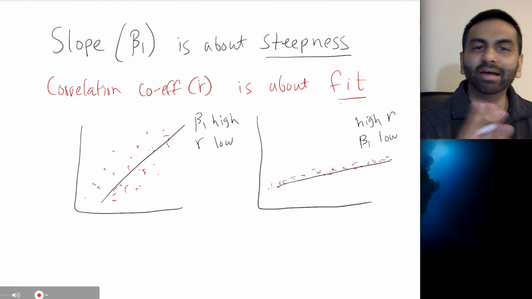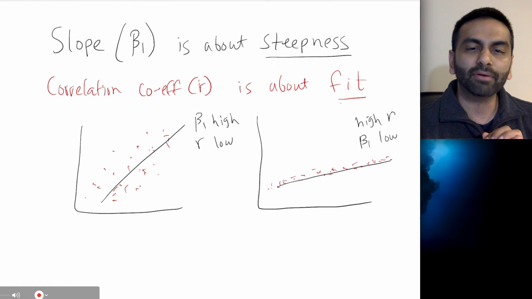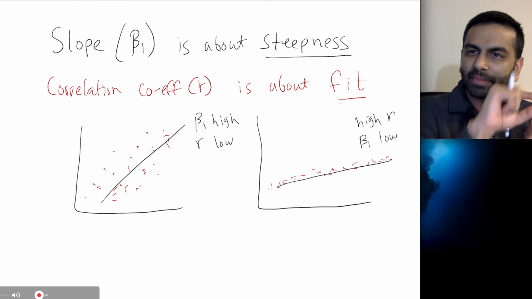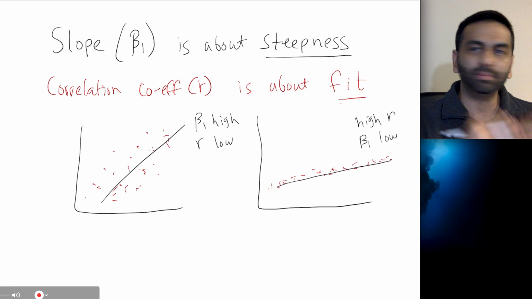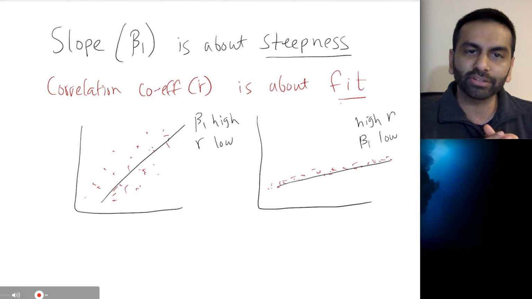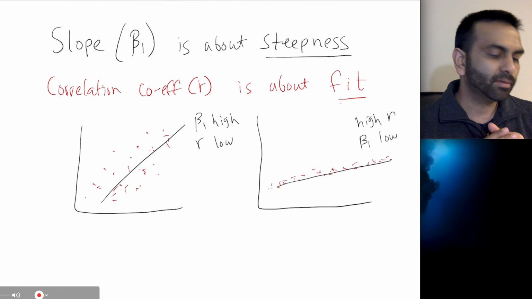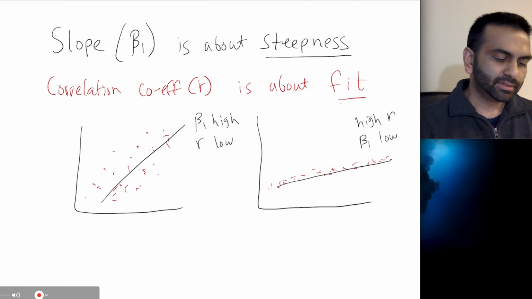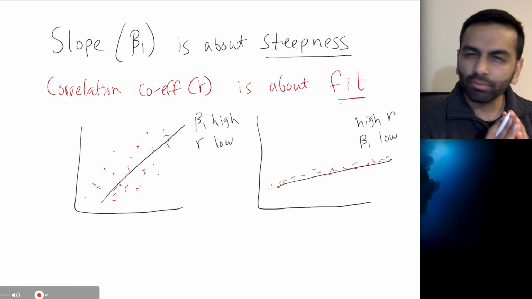And of course, you could imagine all possible combinations. You could have a steep one where they all fit into a straight line, and that's going to be both a high slope and a high correlation coefficient. And if it's a weak slope and it's all over the place, they're both low.